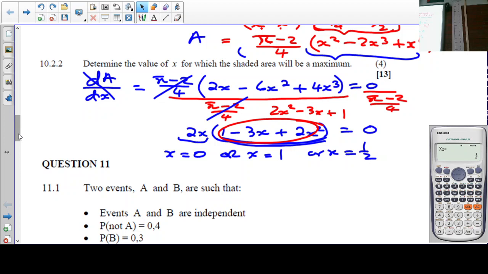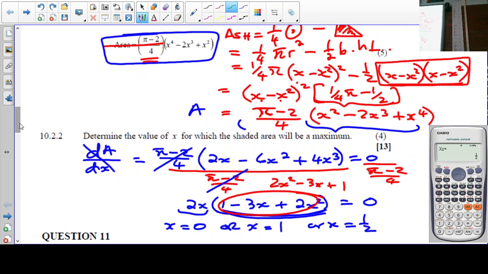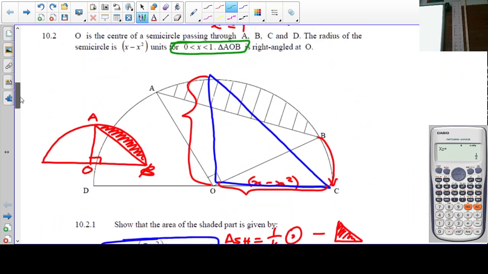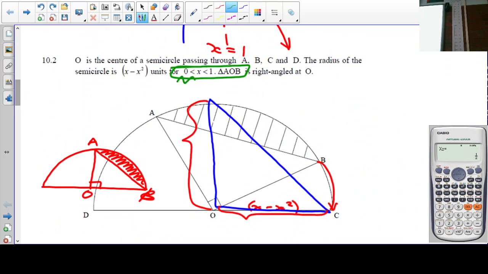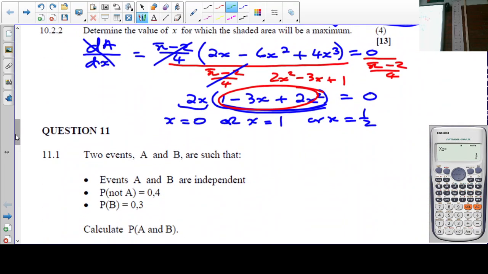We say, okay, now how are we going to discard the other 2 solutions? It must be according to the restriction. That's where this now comes in. Let's change it to green now. The restriction says that x must be greater than 0, but less than 1. So which means to say what? Can't be 0. Can't be 1. Therefore, x is equal to?